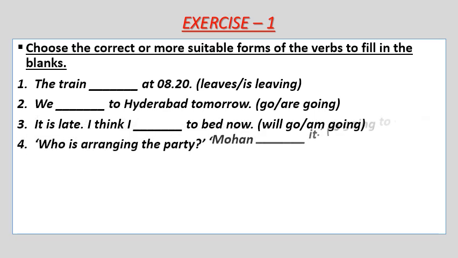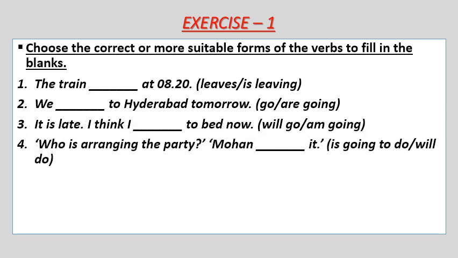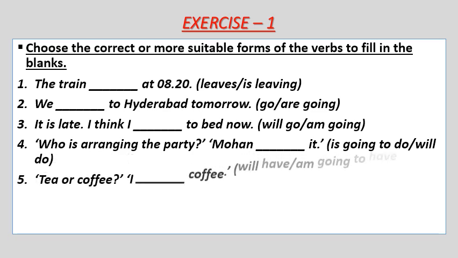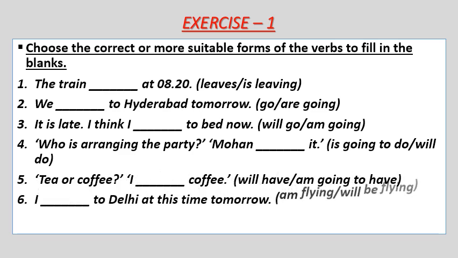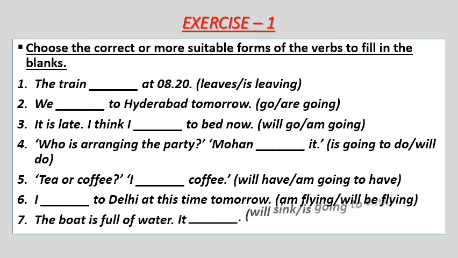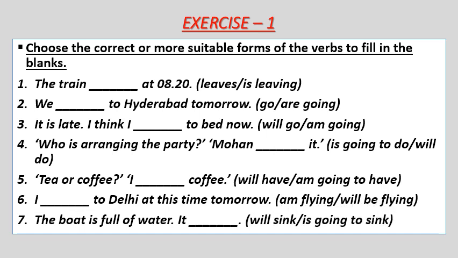Number 4. Who is arranging the party? Mohan (blank) it. Number 5. Tea or coffee? I (blank) coffee. Number 6. I (blank) to Delhi at this time tomorrow. Number 7. The boat is full of water. It (blank).